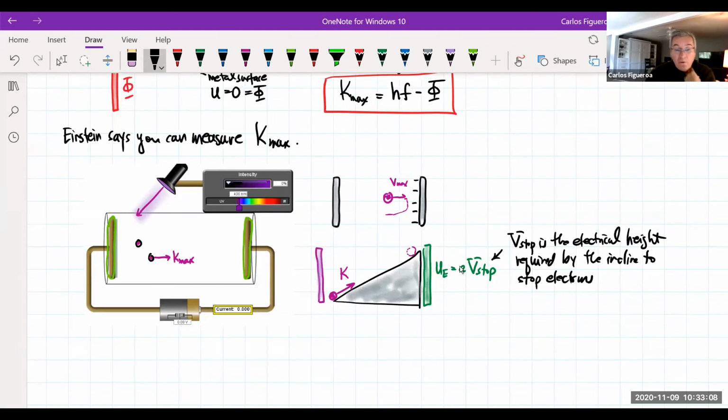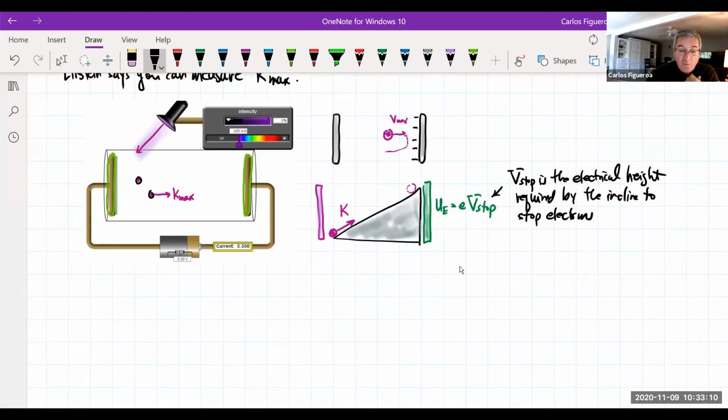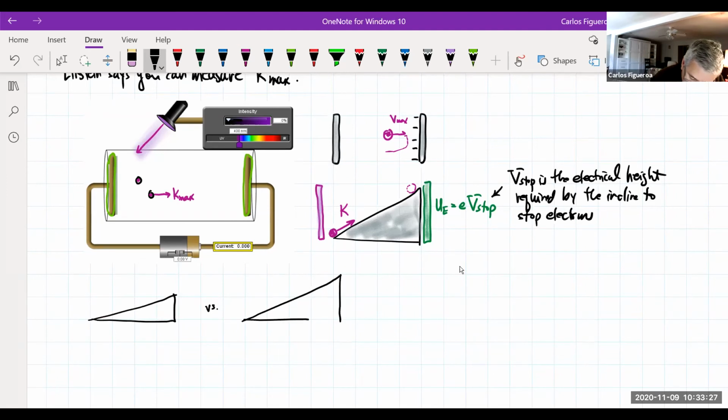Okay, so what I mean by that is, think about it this way. If I look at that incline, if I have an incline like this versus an incline like this, this guy here has a very small V stop. This guy here has a much bigger V stop.